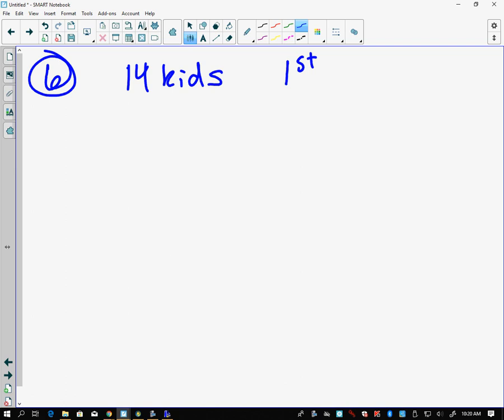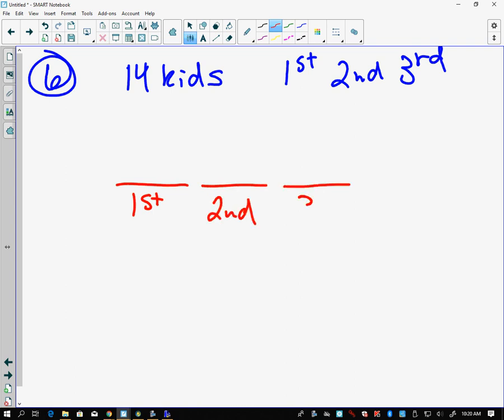How many different ways could students go first, second, and third? All right. So this is the first student, right? Second student. Third student. How many of those 14 kids could go first? 14. What? 1?